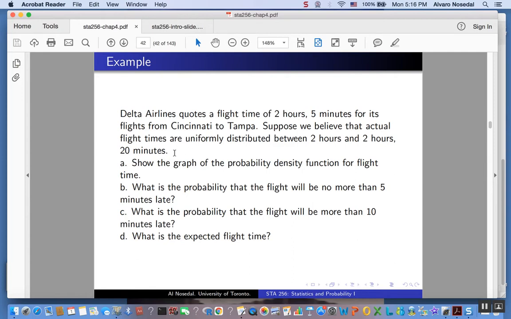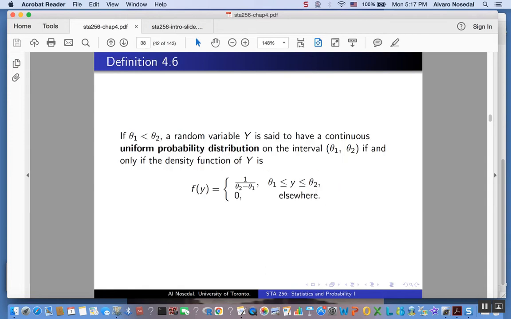Okay, so to make that graph, how about we go back to the definition of a uniform continuous random variable.